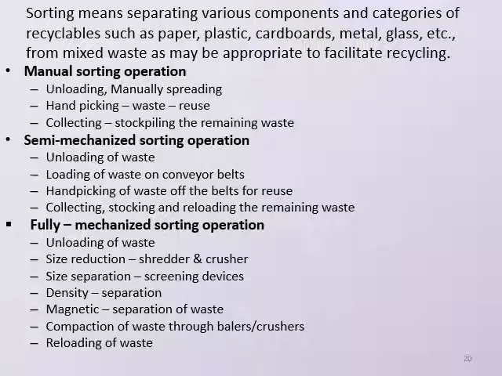Next, regarding segregation or sorting: sorting means the separation of various components of the waste according to categories, like recyclables such as paper, plastic, cardboard, metal, glass, etc., from the mixed waste. Manual sorting operations can be done. First, unloading.